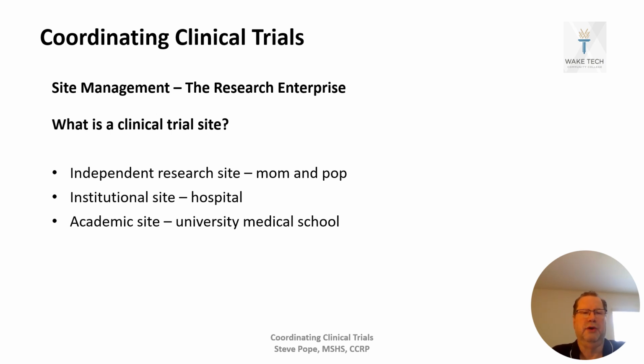And then the third type of site is what I like to call the academic site, which is in most cases affiliated with a university medical school. These would be teaching hospitals where you have a lot of fellows and a lot of staff moving in and out. They do a lot of research because it's an academic site.